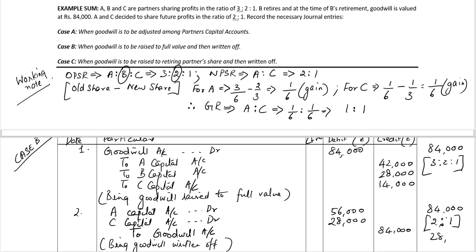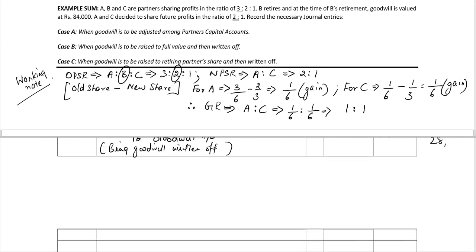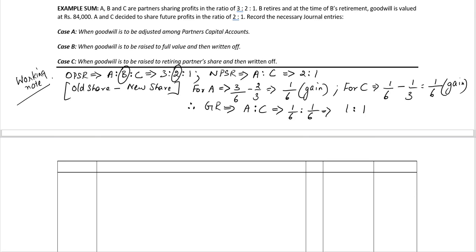So this is the answer to the second case B, where we use the second method to treat goodwill at the time of retirement. Let's go to the case C, where we have to use the third method.